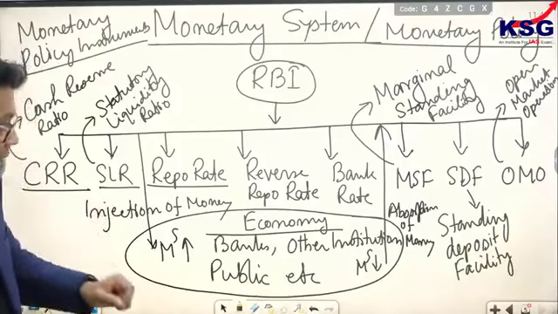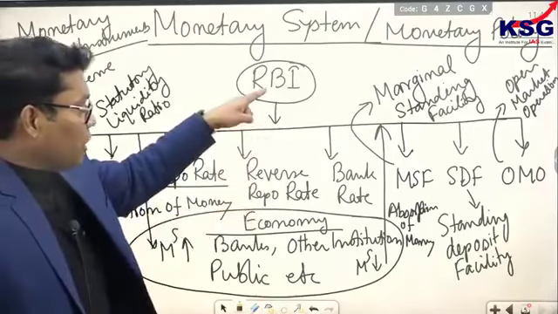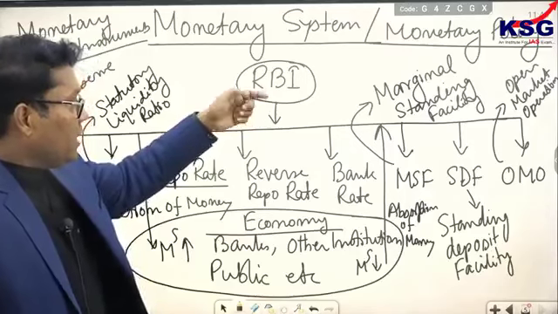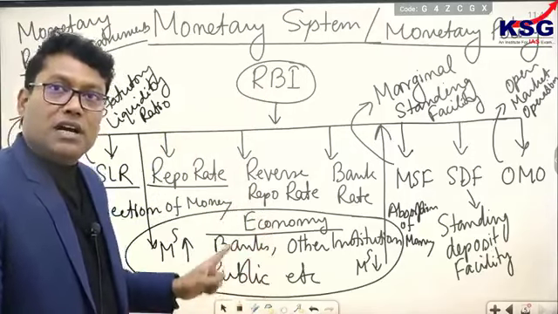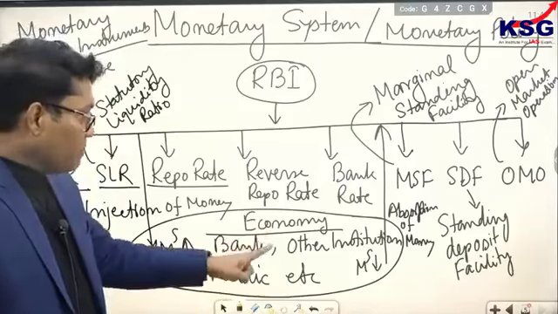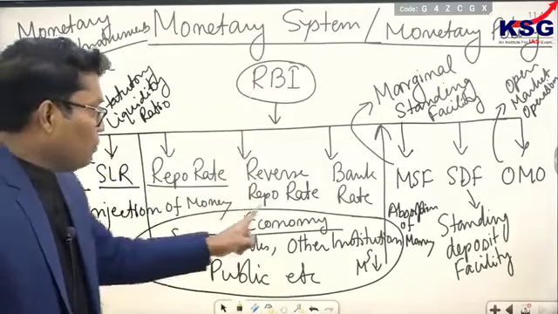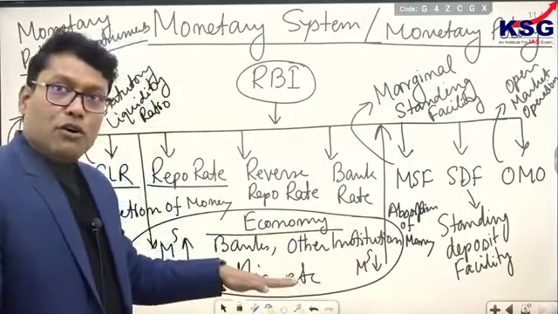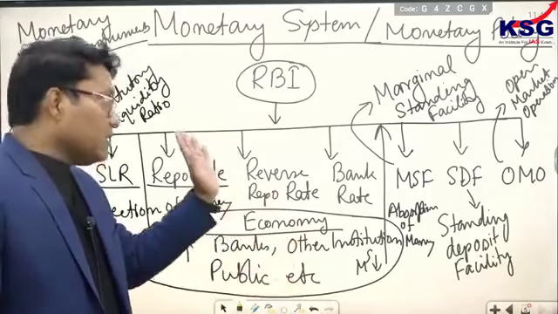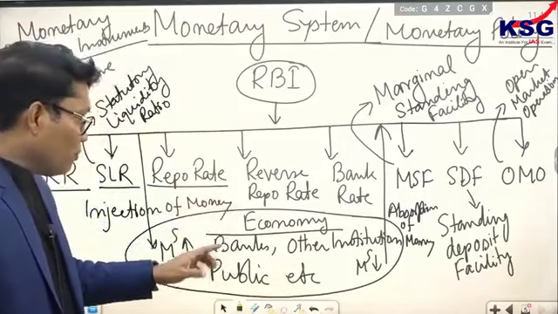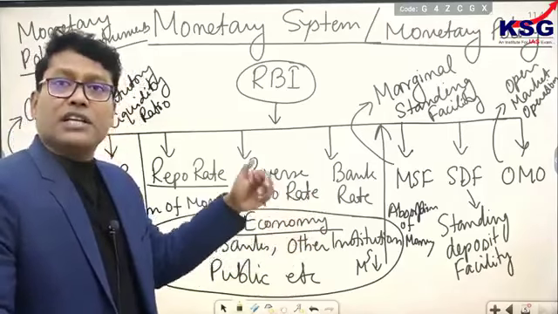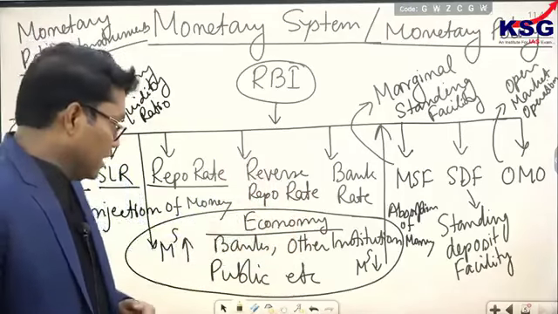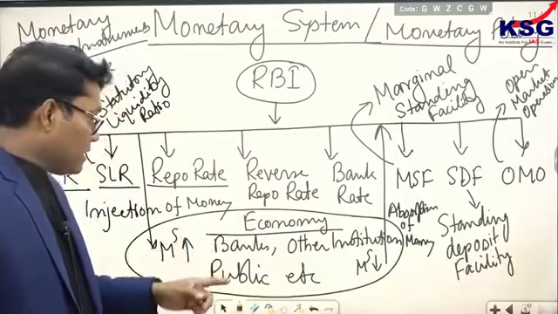For that reason we kept RBI above the economy. If you include RBI as part of the economy, we can't observe any changes. So RBI is here and the economy is here. And within the economy, we considered everything other than RBI, which includes all the banks and other institutions involved in the creation of money or the lending process.